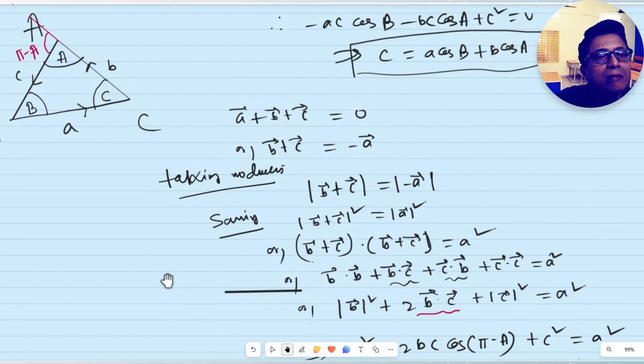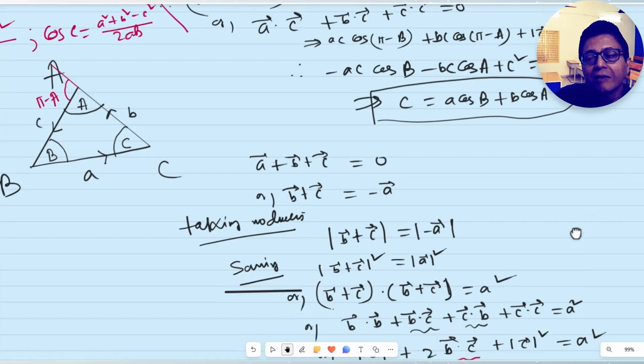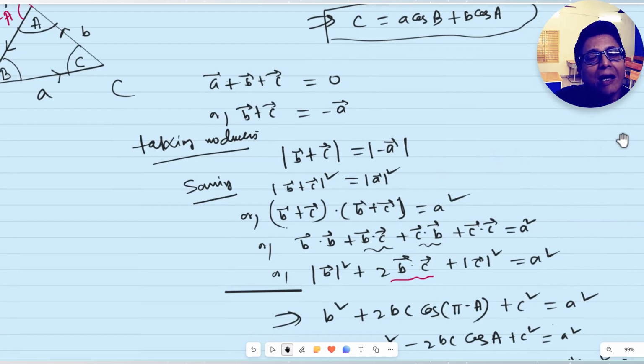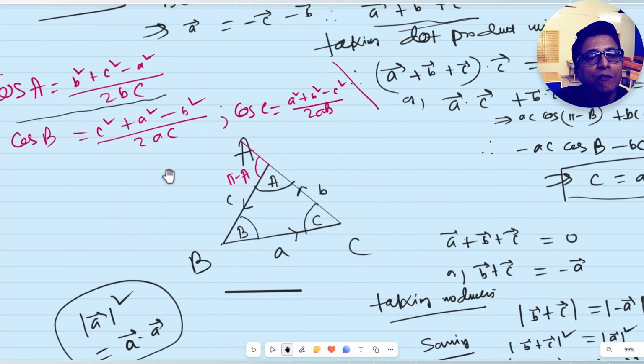In the same manner. When you are going to find cos B, you shift B vector to the right side, then take modulus of two sides and then make squares. So all these, that cosine rule formula also can be devised by using the dot product of two vectors. For your descriptive paper in boards, you need all these things in dot product.